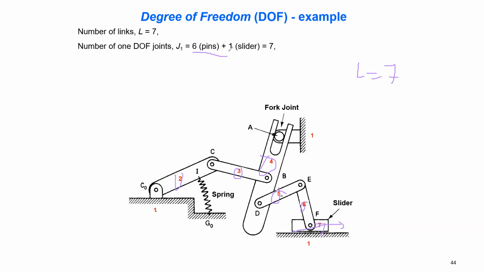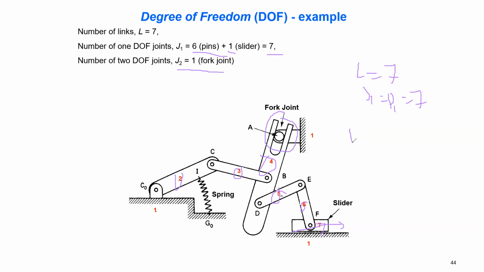So it becomes plus 1, which becomes 7. So that means our J1, always the same as P1, is the same as 7, right? Now, that means we need also to get our P2. So there's a fork joint right here causing constrained motion. So this part right here is causing some other motion right here. And that is only one part, and that gives us J2 as 1.